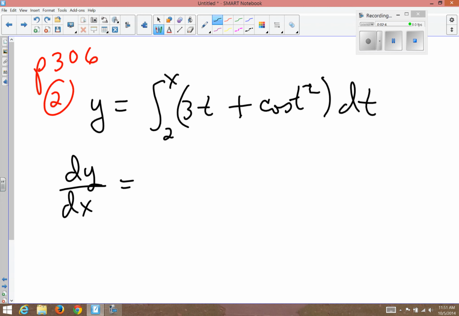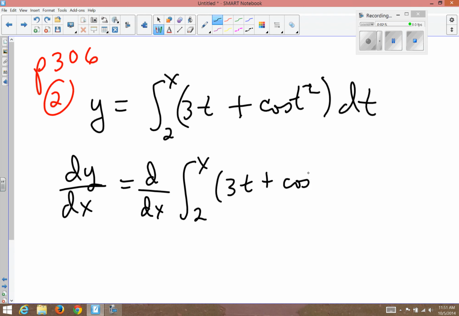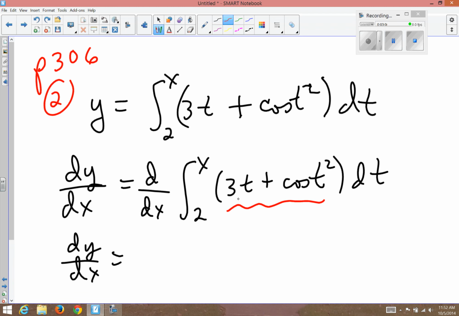So I took the derivative of the left side of this equation, so I have to take the derivative with respect to x of the right side. So bring this down, dy dx. Here's the theorem. The derivative of the antiderivative of that thing underlined in red is just that thing underlined in red.